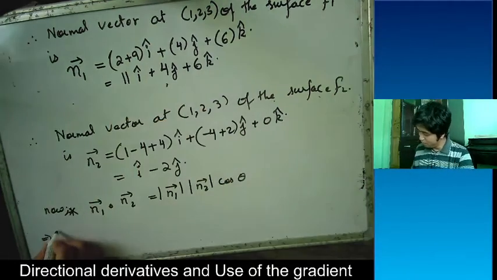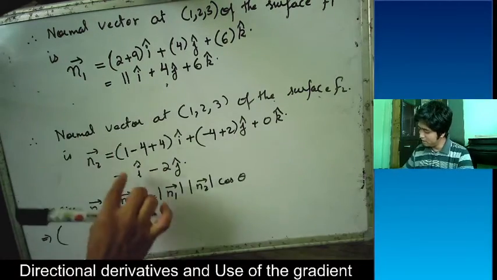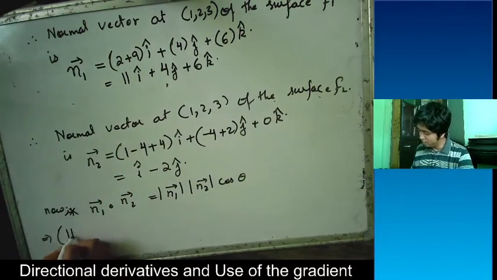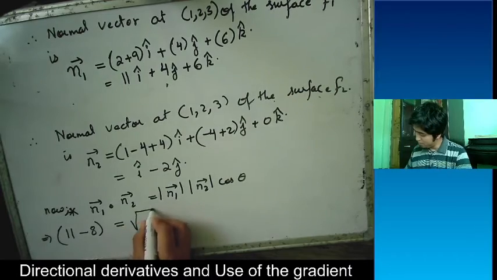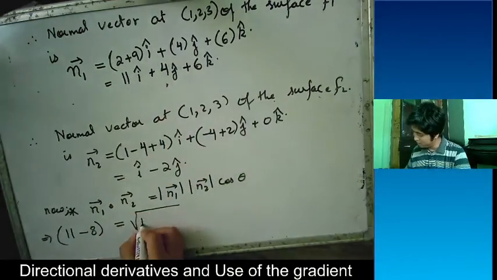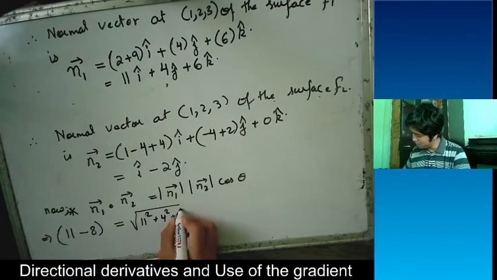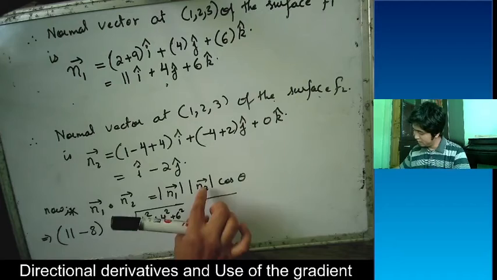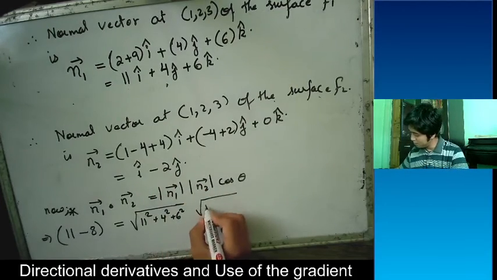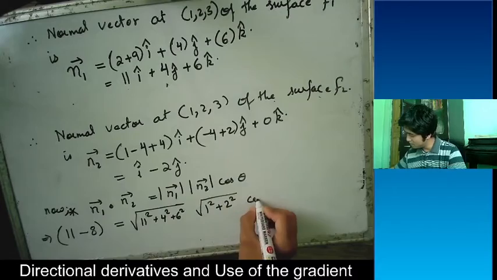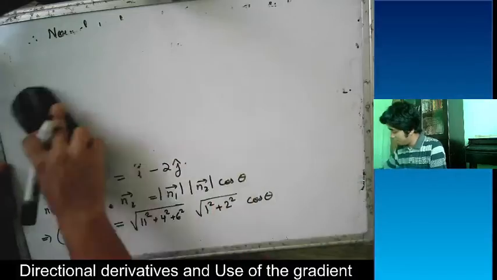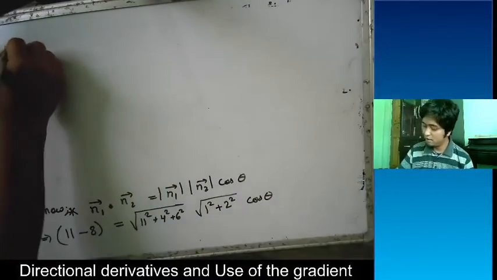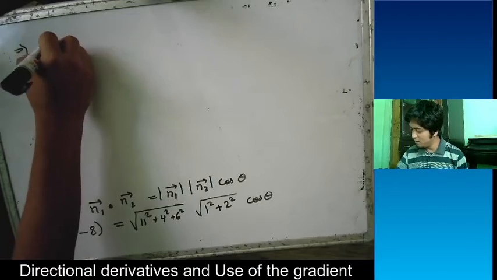So n1 dot n2, you can see 11 times 1, it will give you 11 minus 8. The magnitude of n1 will be the square root of 11 squared plus 4 squared plus 6 squared. Magnitude of n2 will be the square root of 1 squared plus 2 squared, times cos theta. Okay, so now we are done. 11 minus 8 will give you 3.